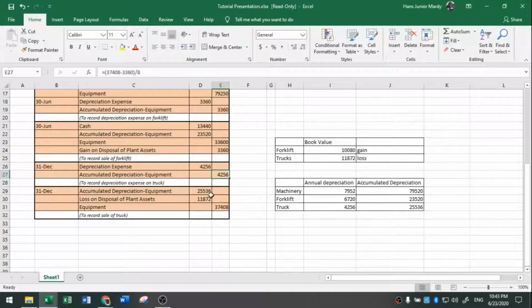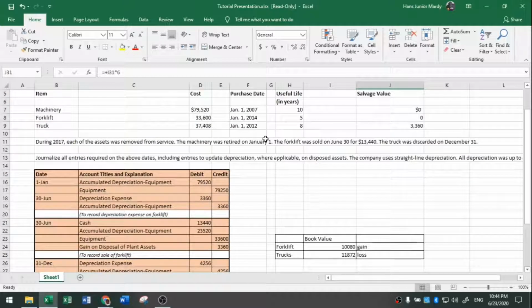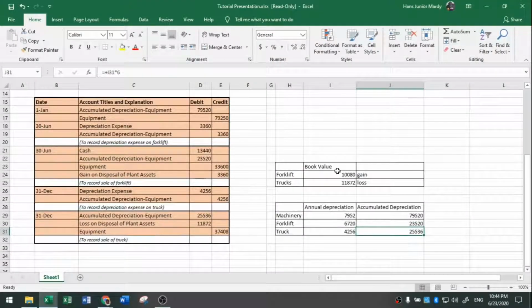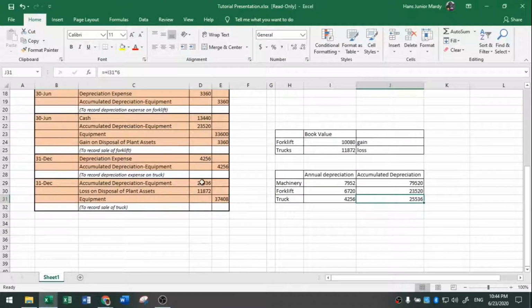So we know that the annual depreciation is this quantity, and the number of years that they used it was 6 years. It is 6 years because it was purchased in 2012 and then discarded at the end of 2017, which is December 31st. So when we make the calculation, we have 6 years of use. So here we have accumulated depreciation, that quantity.